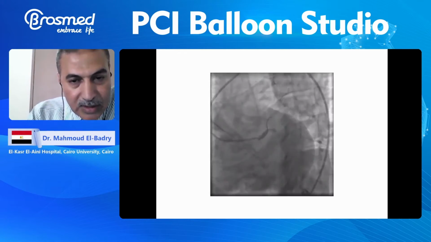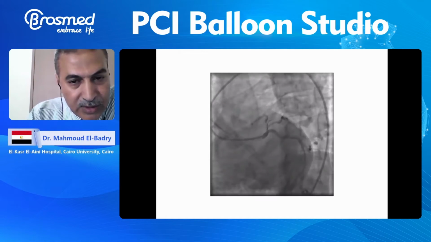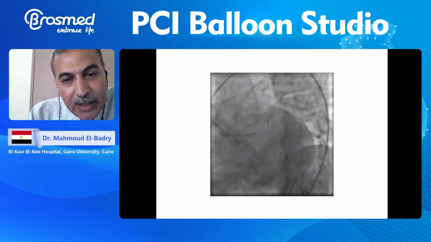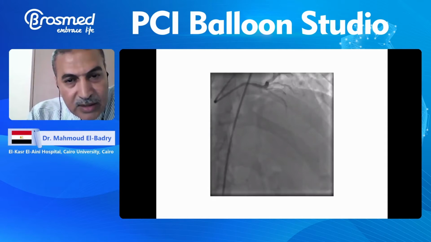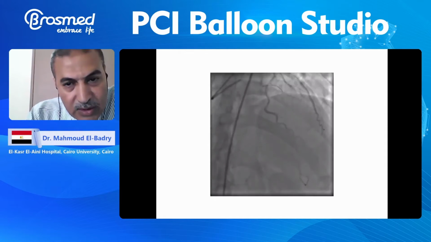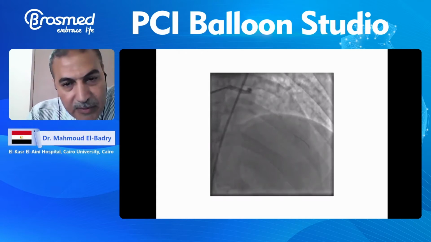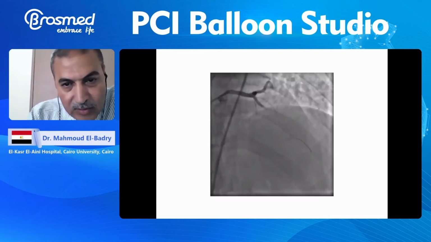Some colleagues said to leave it and not injure the LAD. Again, support with a balloon, the Artimes balloon, and I could cross the lesion and did pre-dilatation and resumed the flow.